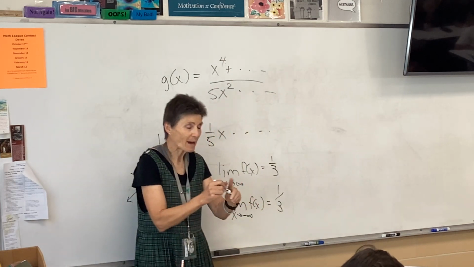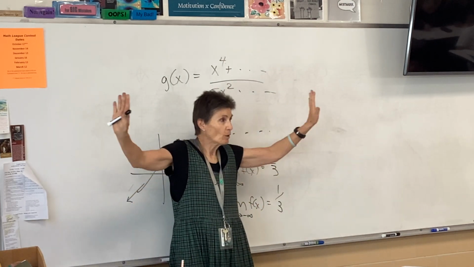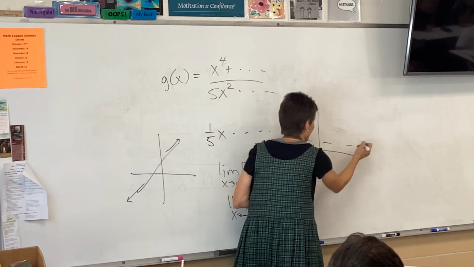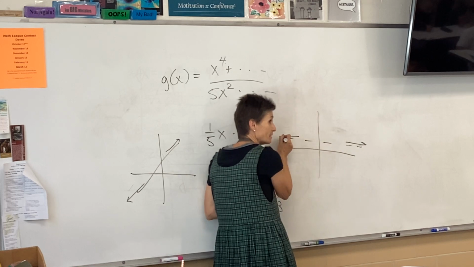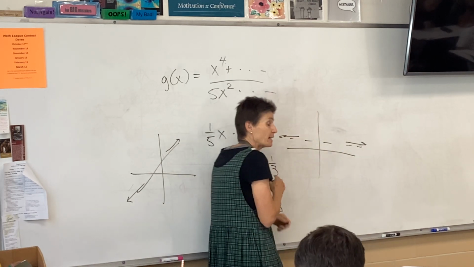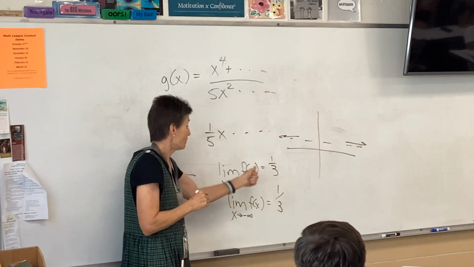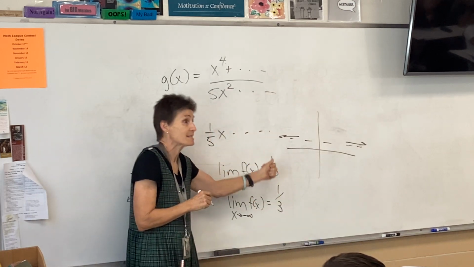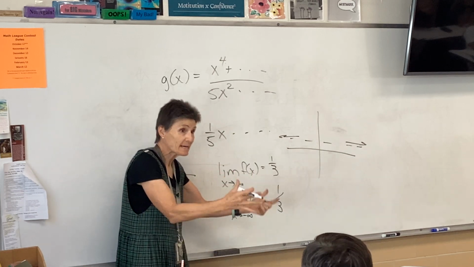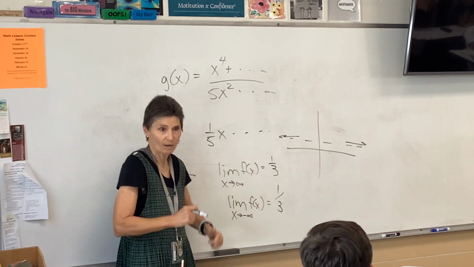Because, again, think about it, as we go off the page, if our asymptote is horizontal, won't we be approaching that? Either from the top or the bottom, I don't know, but I'm going to be approaching that line as I go off the page. The horizontal asymptote is the end behavior of the picture. The slant asymptote is the end behavior of the picture.